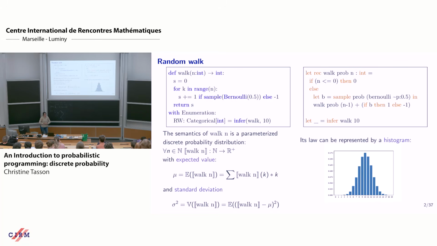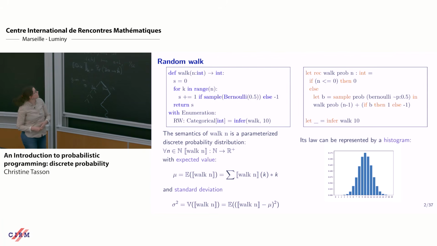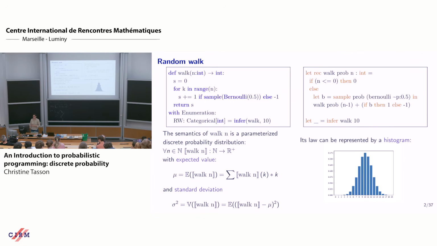Okay, so I'm also interested in the expected value. So the expected value is computed with this sum, and with the standard deviation. We are not always interested in all the probabilistic distribution, but sometimes we only need to consider the expected value or the mean, the standard deviation. Okay.